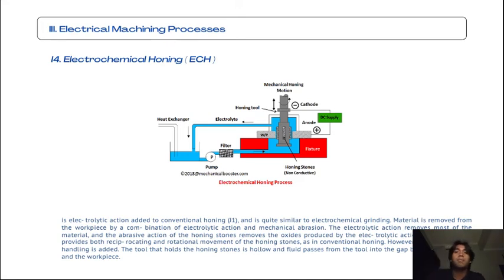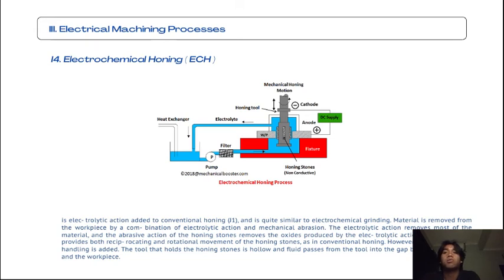So the equipment provides both reciprocating and rotational movement of the honing stones, as in conventional honing. However, electrolyte fluid handling is added, and the tool that holds the honing stones is hollow, and fluid passes from the tool into the gap between the stones and the workpiece.